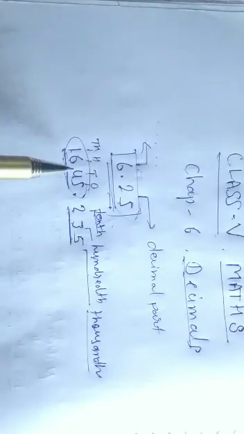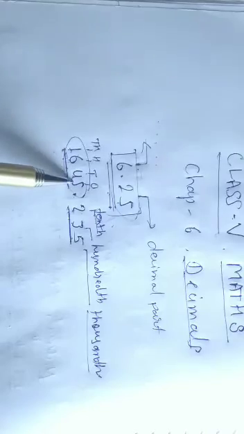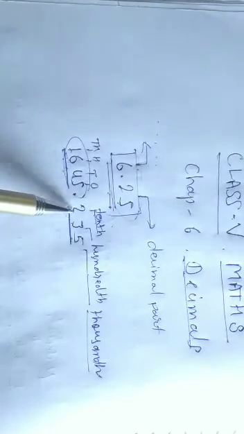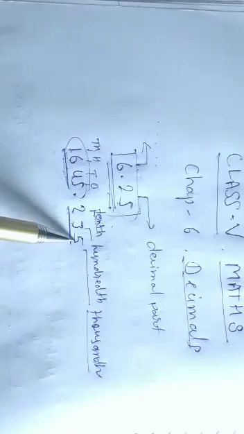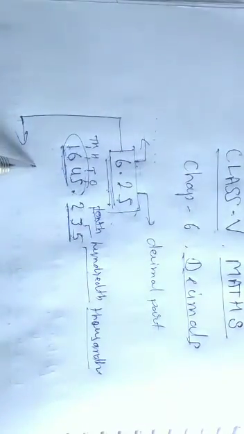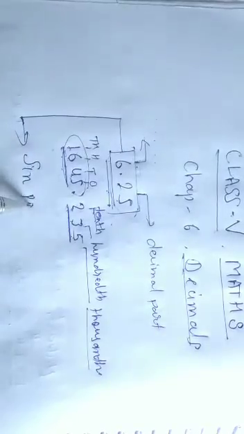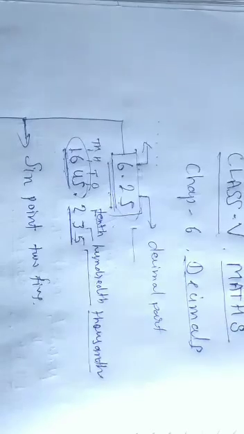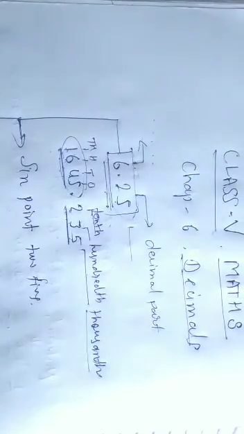For 1645.235, write this number in numeration form. And 6.25, this is the numeration form of this. Okay, I hope you understood this concept.